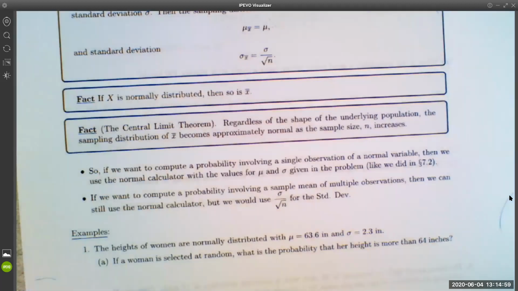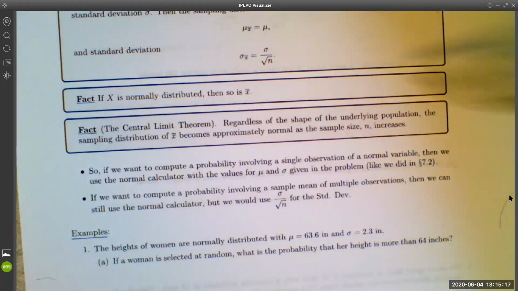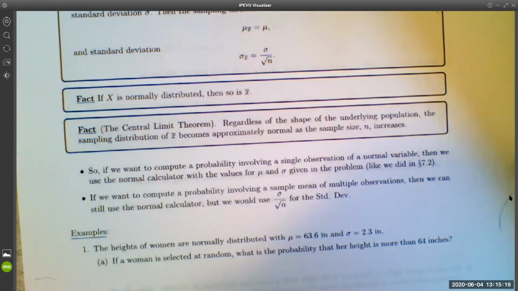In particular, we usually take the convention that as long as n is at least 30, then the distribution of the sample means is going to be normally distributed.